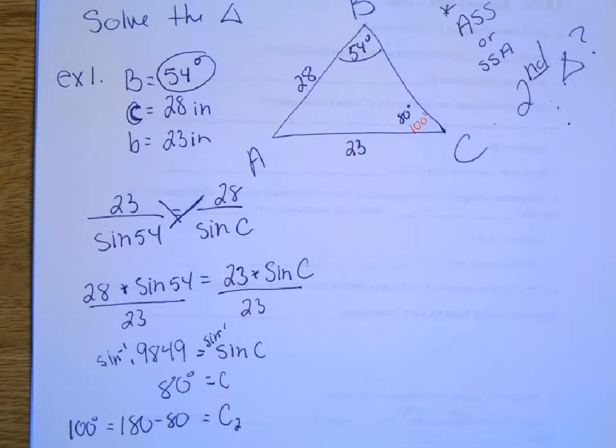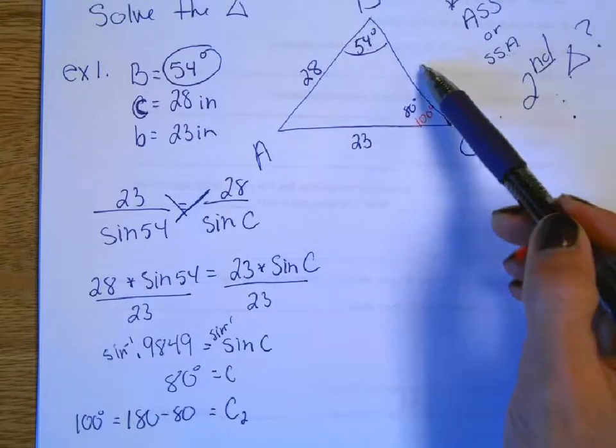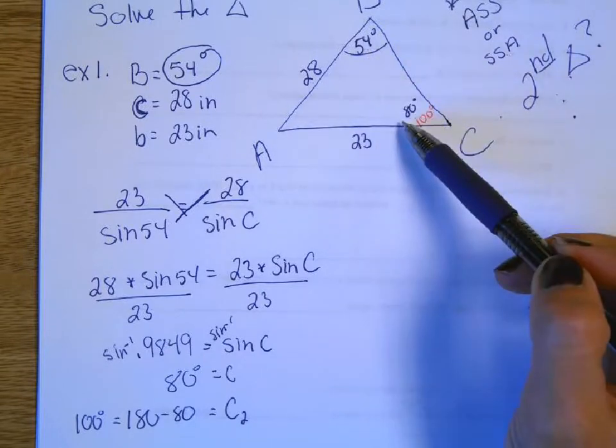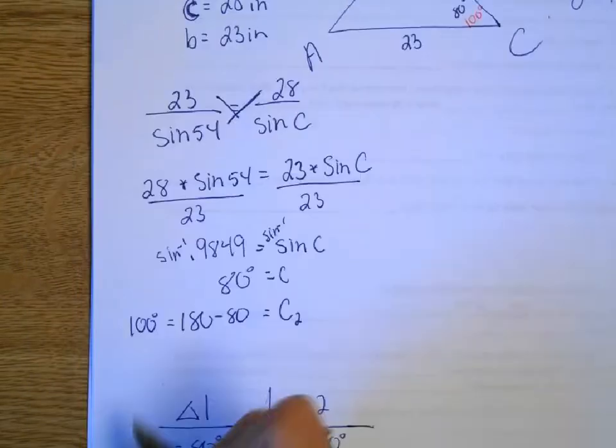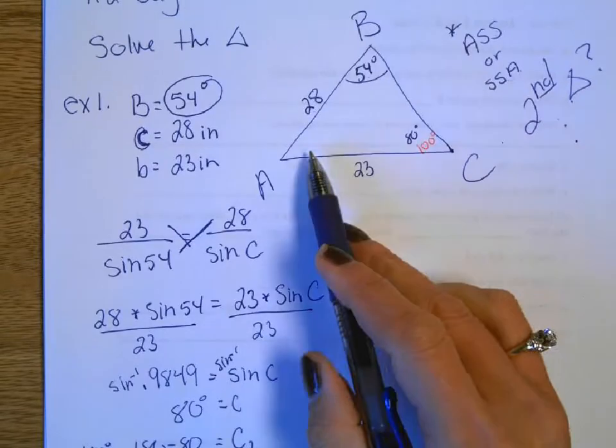Okay, so what would you find next on this triangle? Angle A would be the only thing you could find next, because I don't know little a to set up a proportion, I'd have two unknowns, but I can find A next, because I know these two angles. So in triangle 1, how would I figure out angle A?